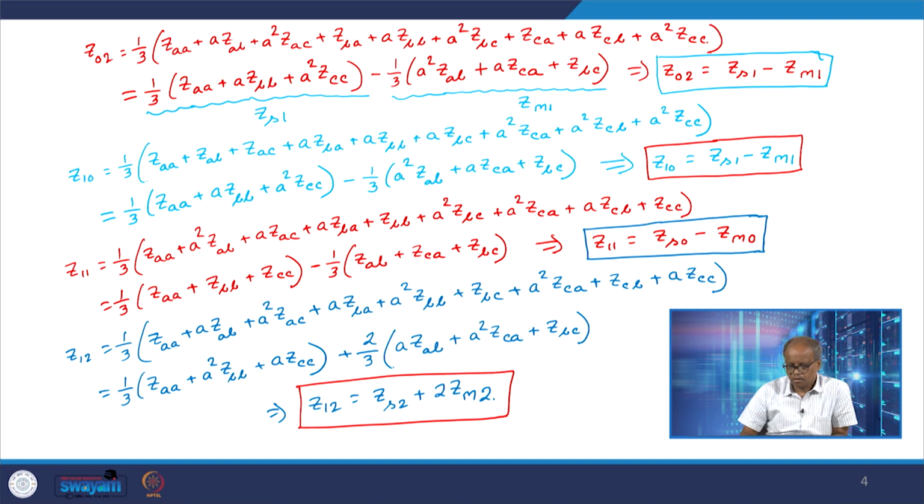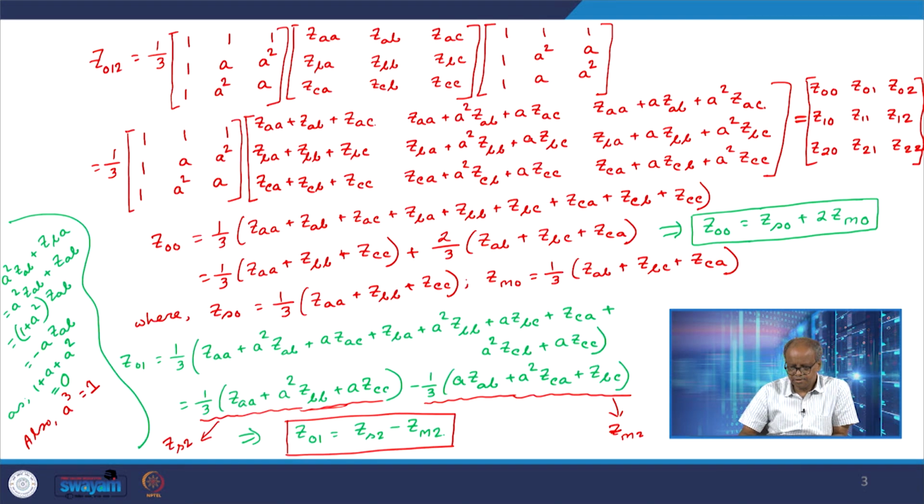Okay. So this is Z12. So now let us look at Z20.